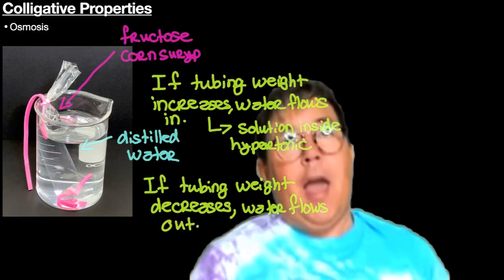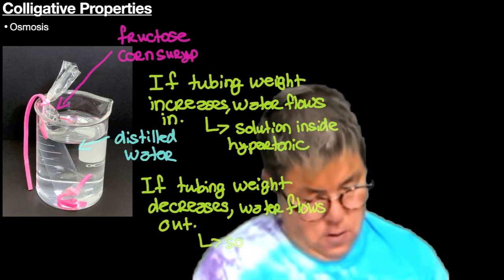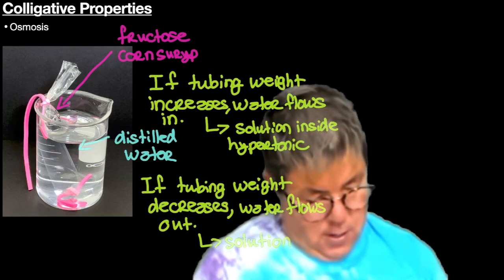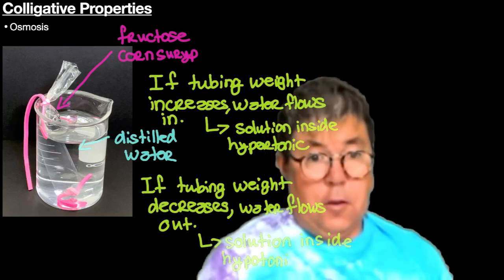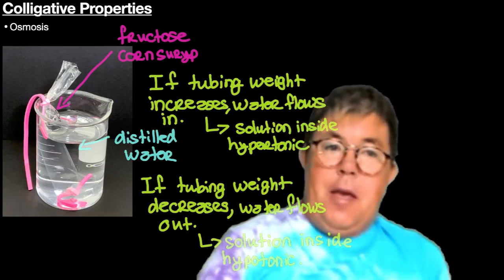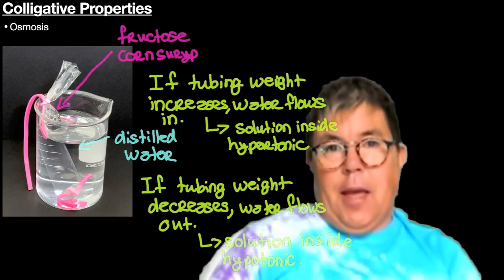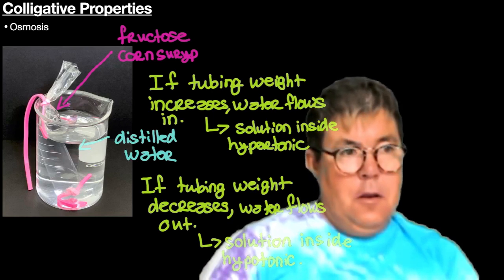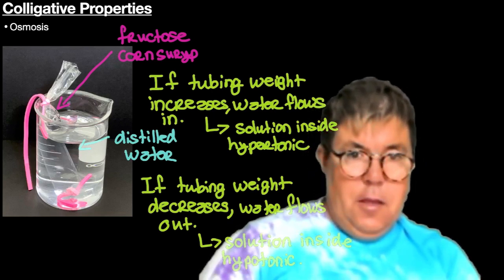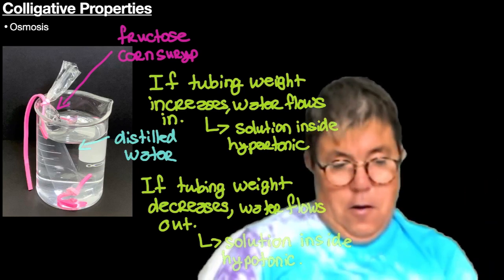If water flows out, that means the solution inside is hypotonic. So as a recap, in the experiment, we are looking at osmosis, and we want to look at the direction of water flow, whether it is inside or outside of the tubing.